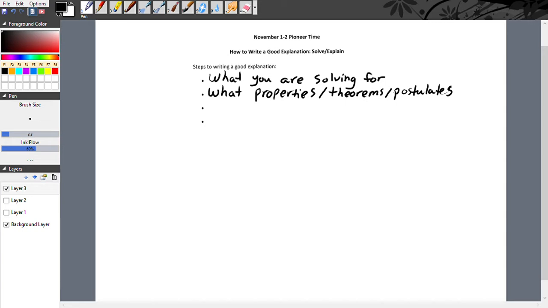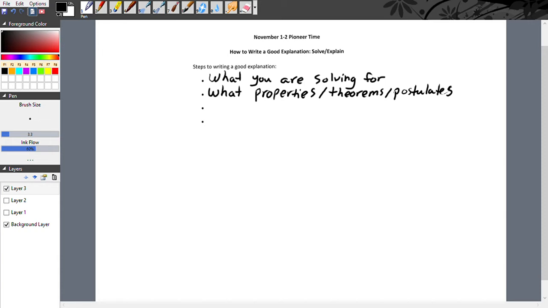So find out what things you would need to use to solve for the thing it's asking for. Based on what we've worked with, this is writing down the name of a theorem, the name of a postulate, or maybe the name of a property that we've learned about, a vocabulary word. Something like that that is going to be the main thing that you're using to solve.